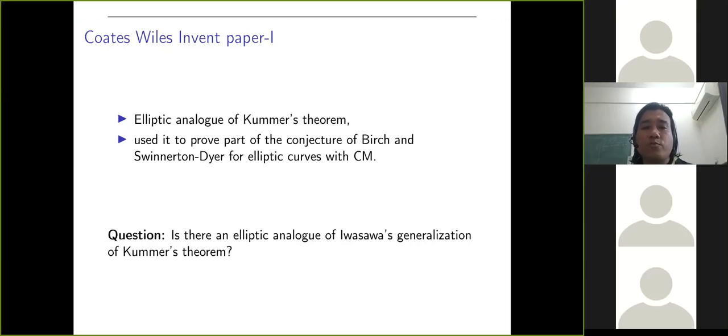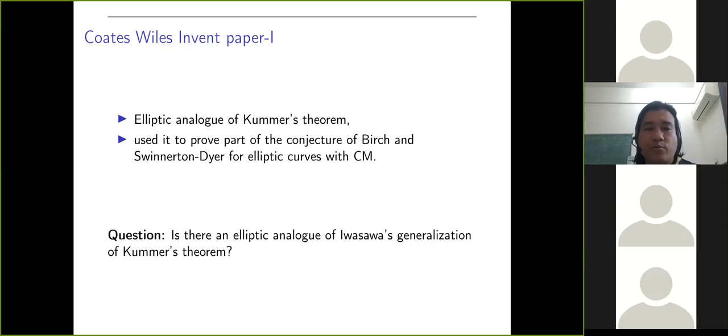Kummer could relate the structure of certain Galois objects with the special values of L-functions. Okay, and what were they interested in? They wanted to have this elliptic analog precisely because they wanted to use it to prove part of the conjecture of Birch and Swinnerton-Dyer for elliptic curves with complex multiplication.